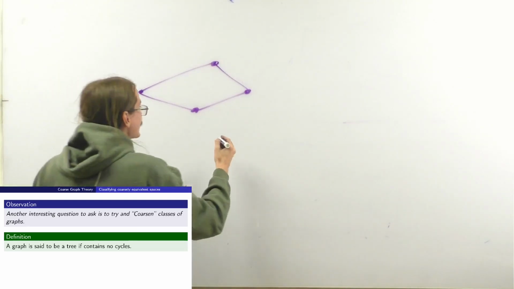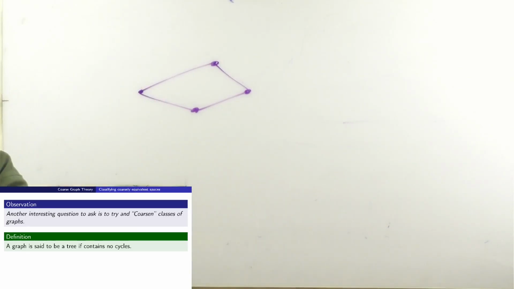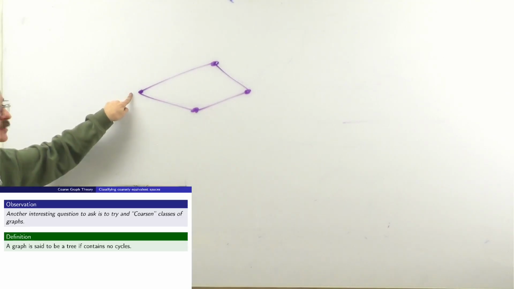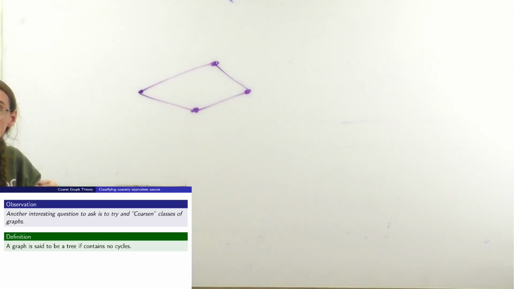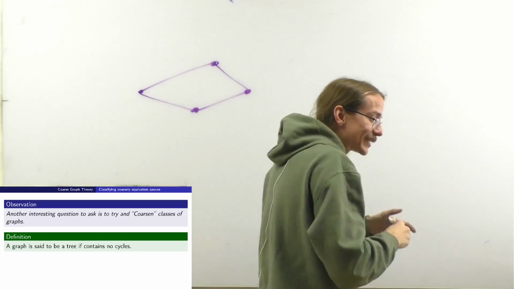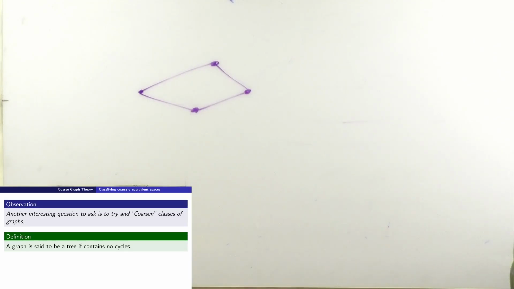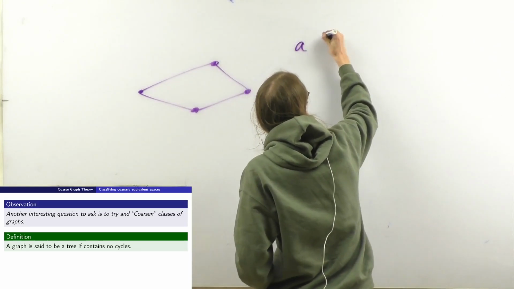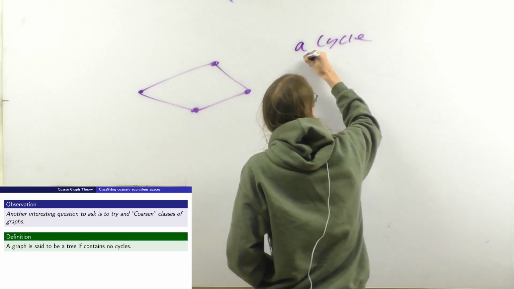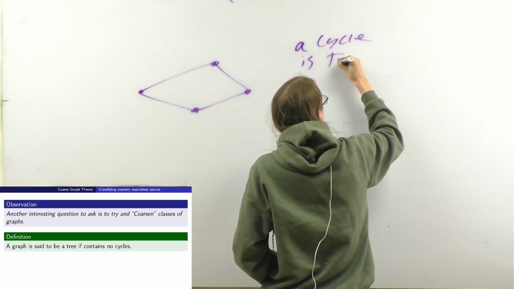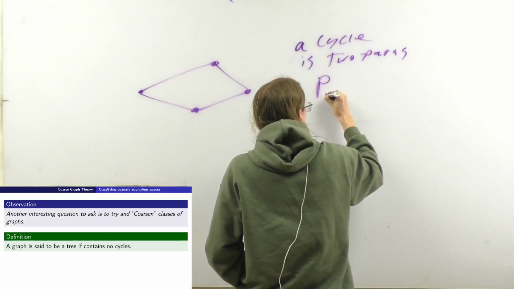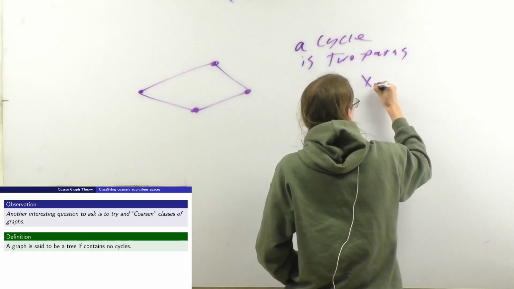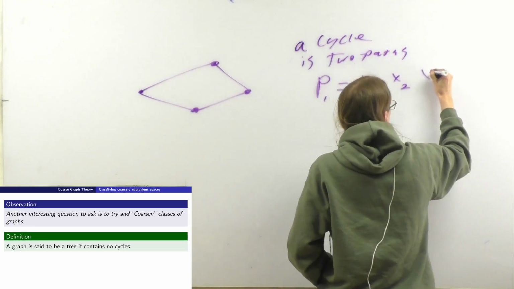We're going to say that a cycle is two paths that start at the same point, end at the same point, and have no other shared points. So, translating that into a metric condition, a cycle is two paths, and let's call them P1, which is going to be equal to x1, x2, x3.